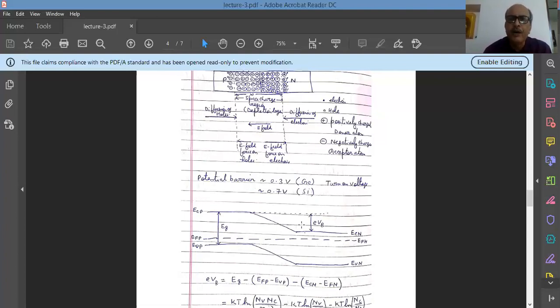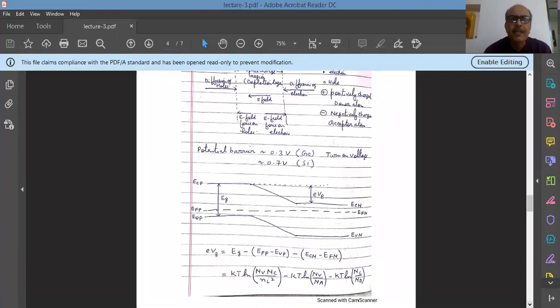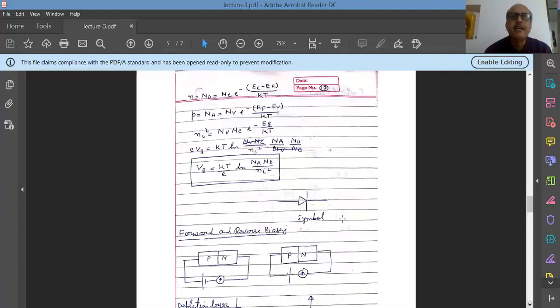So now we can find out the value of this E V_BB also. If you look at this diagram, E V_BB is nothing but this band gap E_G minus this (E_C - E_FN) and then (E_FP - E_VP). And you know the relations. So if you put these values, E_G is kT ln(N_V N_C / n_i squared) minus the formula for n for n-type semiconductor, and the formula for p, the hole concentration for p-type semiconductor. If you put all these formulas together, on the next page you have the formula also.